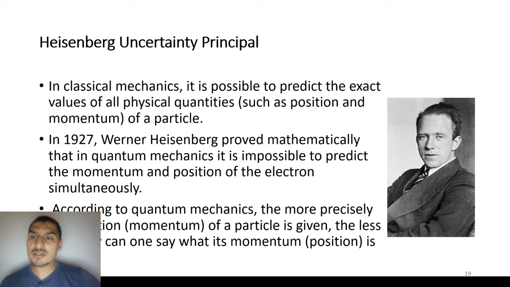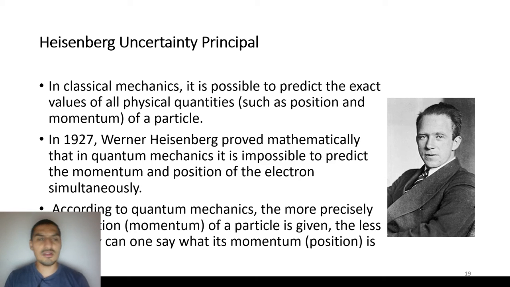The next scientist is Heisenberg, and he put forward, again, a mathematical derivation based on quantum mechanics, of course, and he stated that it's impossible to predict the momentum and position of the electron at the same time. In classical mechanics, you can calculate or predict the location and the velocity of a body.